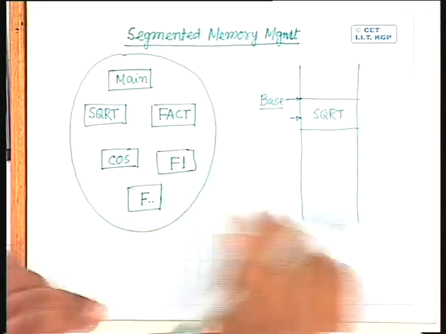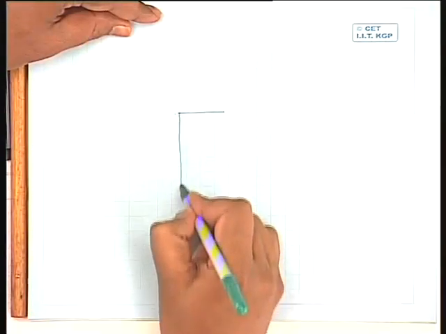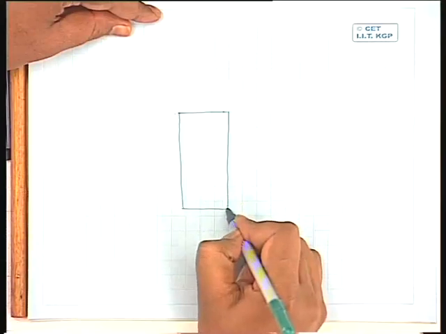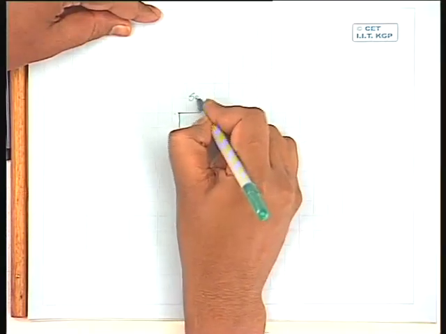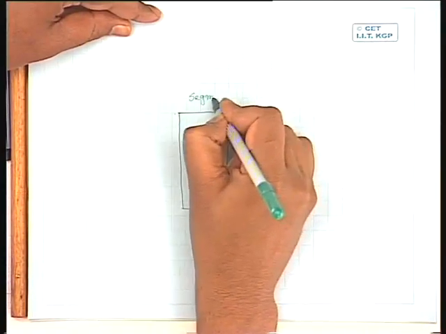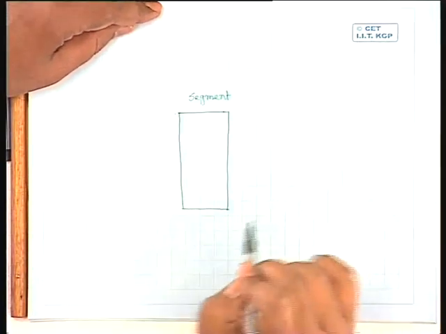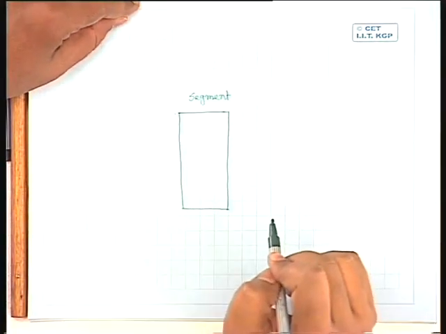Okay, so the segment table for this segmented memory management will appear like this. The segment table, as before, will contain a number of entries which is equal to the number of segments that you have within the program.